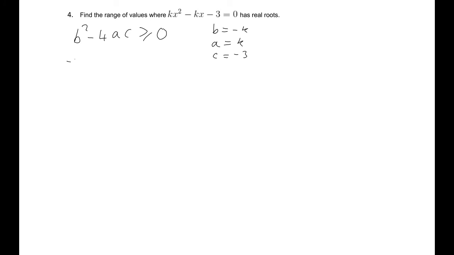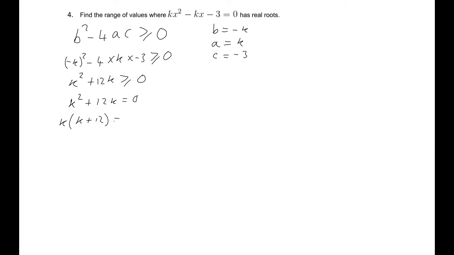So we've got to plug all of those values in. So you get minus k all squared minus 4 times k times minus 3, and that's bigger than or equal to 0 still. So we get k squared plus 12k bigger than or equal to 0. Now again, I'm going to set it to be equal: k squared plus 12k equals 0, and solve this. k plus 12 equals 0.